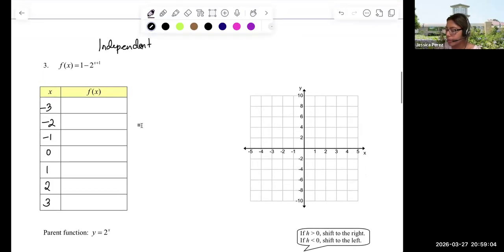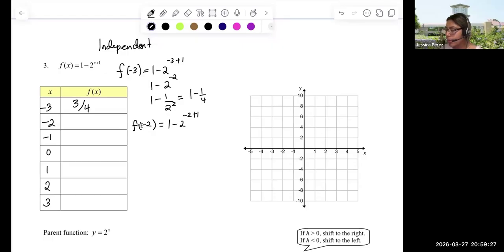Now let's go ahead and substitute f of -3. 1 minus 2 to -3 plus 1, 1 minus 2 to the -2. 1 minus 1 over 2 squared, or 1 minus 1/4, which is going to give you 3/4. Now f of -2, you get 1 minus 2 to the -2 plus 1, 1 minus 2 to the -1, or 1 minus 1/2.